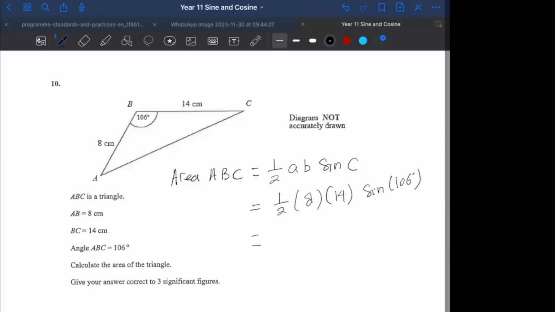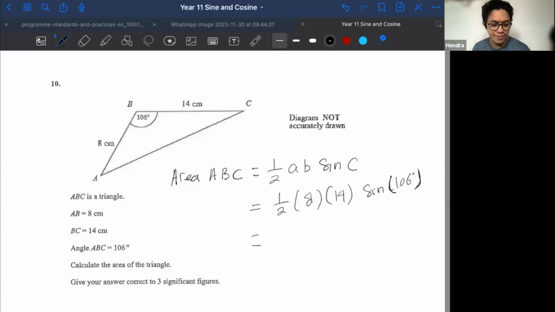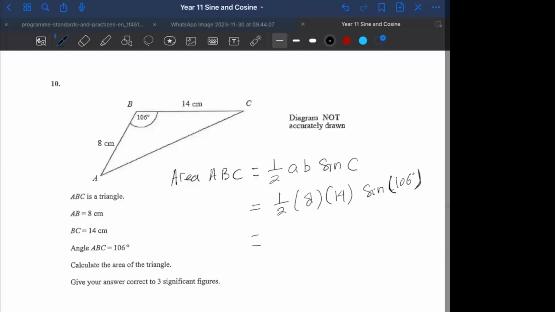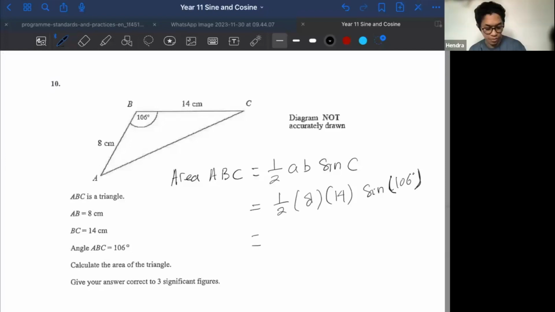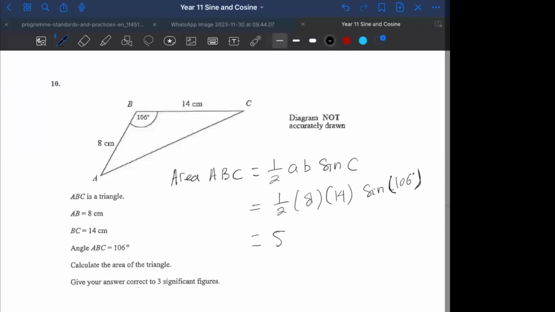I have to do parentheses and everything. It's weird. Make the parentheses visible. 53.8, I think. Sorry? 53.8. Yes. Easy.